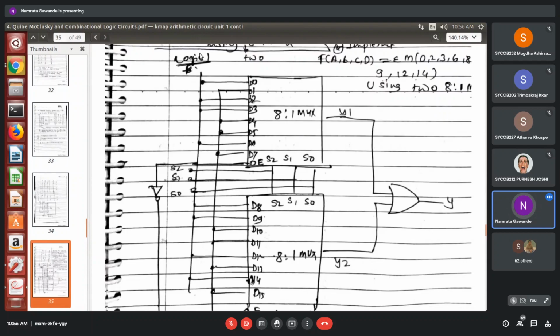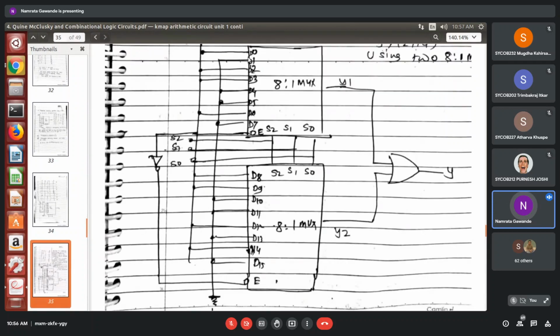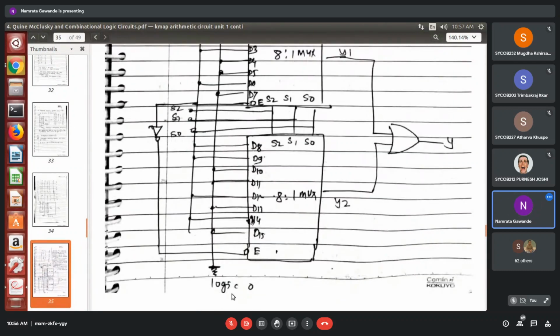Here you can see logic 1, right? In the previous example also we did the same thing. The min terms that are present, connect to logic 1. The min terms that are not present, connect to logic 0. So here you can see the rest of the data inputs are connected to logic 0.